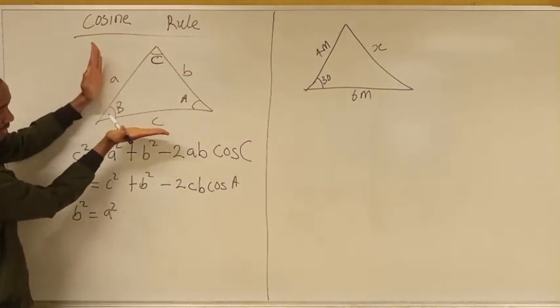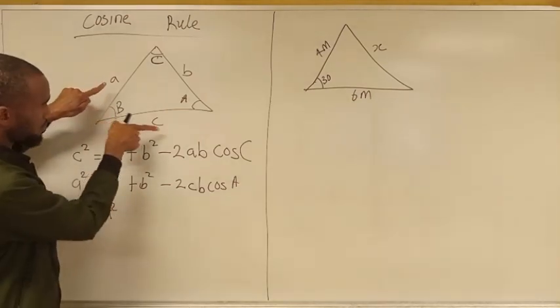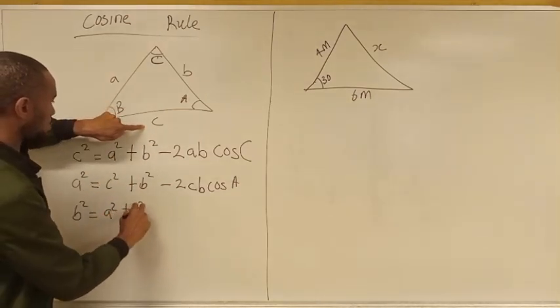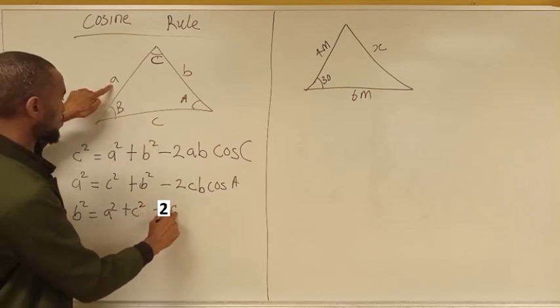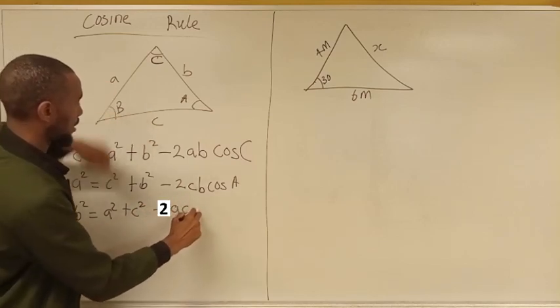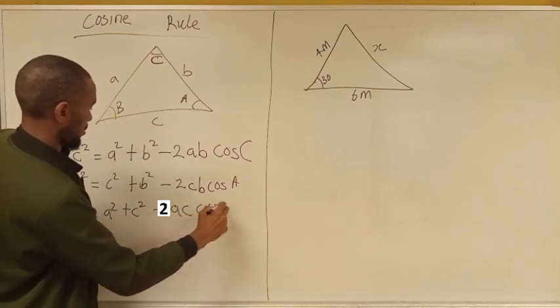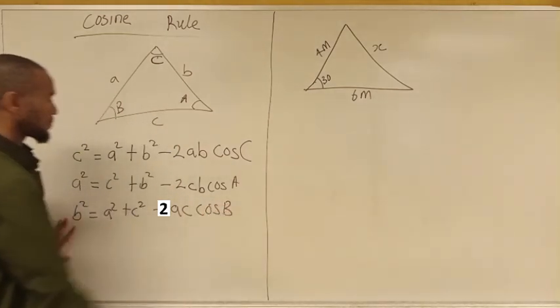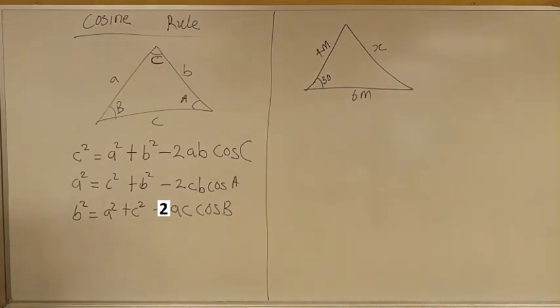The opposite sides is what I'm making use of. So I'm making use of a squared plus c squared minus 2ac cos of B, because that's what I'm looking for. So basically, that is how this applies.